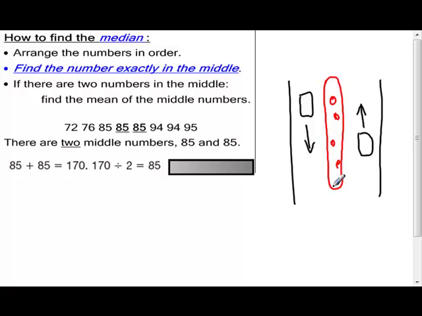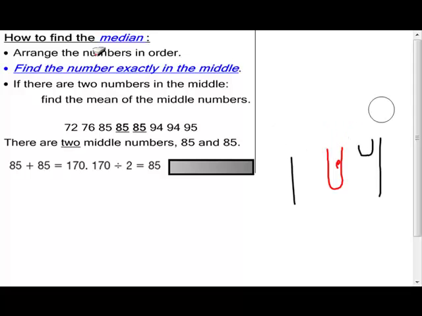This central thing right here is called the median. That may help you remember that it is exactly in the middle. Now it's not always exactly in the middle of the street, but with numbers it is what's exactly in the middle of a set of numbers.